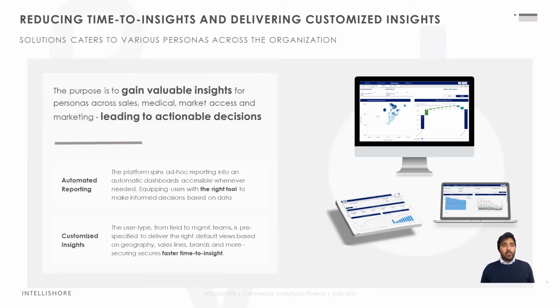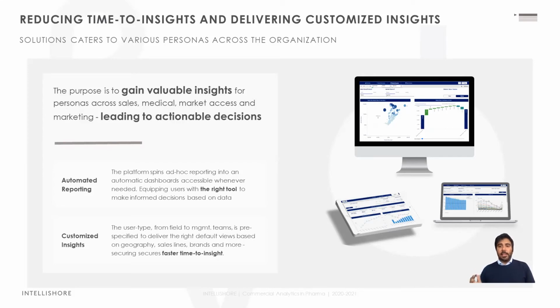Now, Qlik Sense was used as a primary tool to reduce time to insights for a long range of personas. Basically, there are 2 aspects in focus for Qlik Sense. One was around automating the way you look at CRM and sales data within the company. So basically having data refreshed and available at your fingertips.